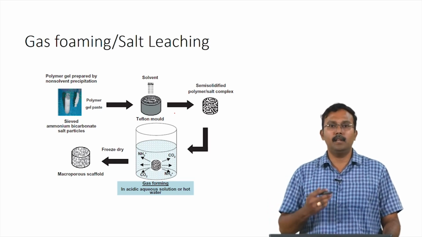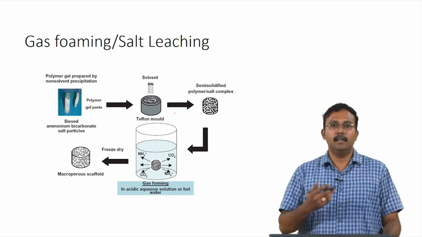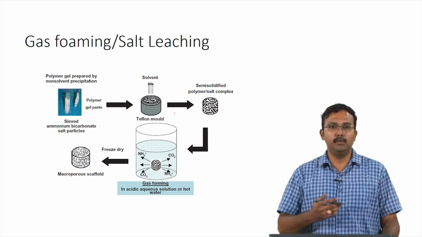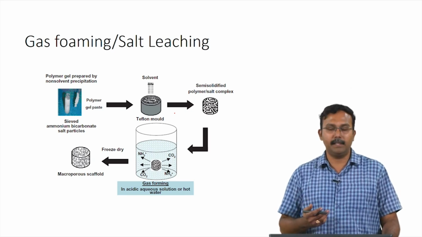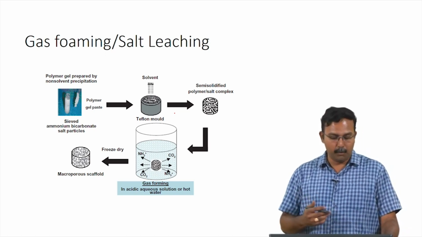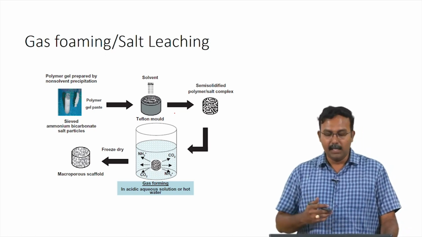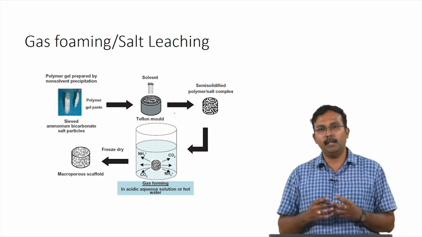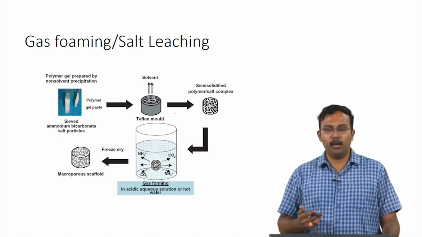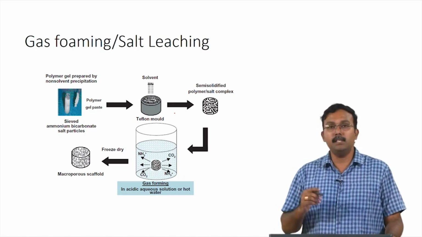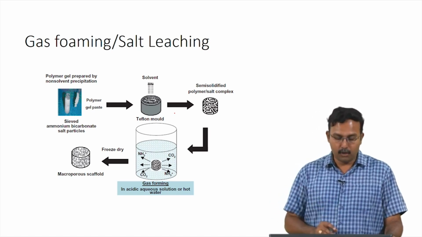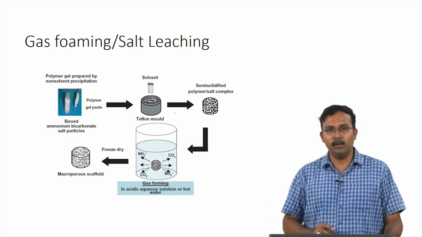Here is an example where they have prepared a polymer gel using a non-solvent precipitation method, and the polymer gel paste along with the ammonium bicarbonate salt particles is mixed and you pour it into a Teflon mold to create a semi solidified polymer salt complex.